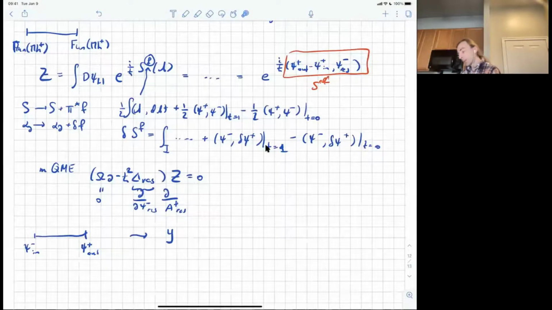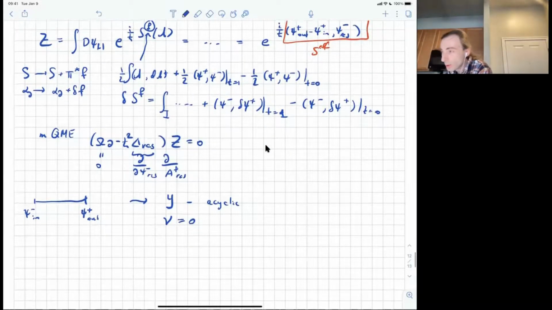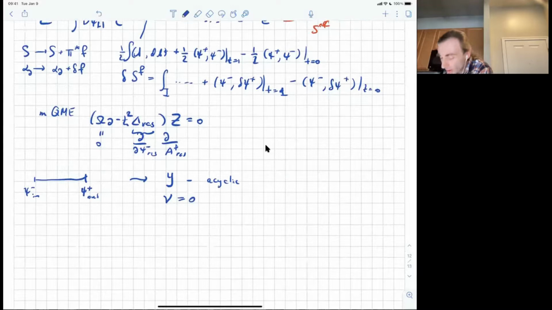Since differential forms with coefficients relative to a single boundary point form a contractible complex, this Y is actually acyclic. There's no cohomology. So you can choose V to be nothing. And therefore, this is a particularly simple example. There are just no residual fields, or you can choose the space of fields to be empty.